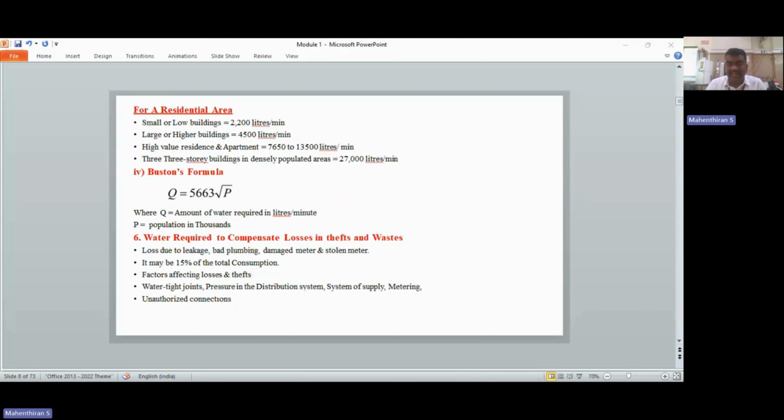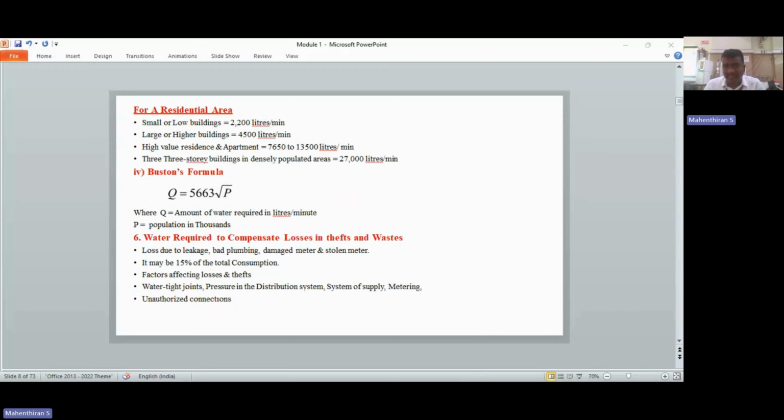In highly dense areas with 3-story buildings, demand can go up to 27,000 liters per minute. This reflects the impact of population density. More people directly mean higher water demand.